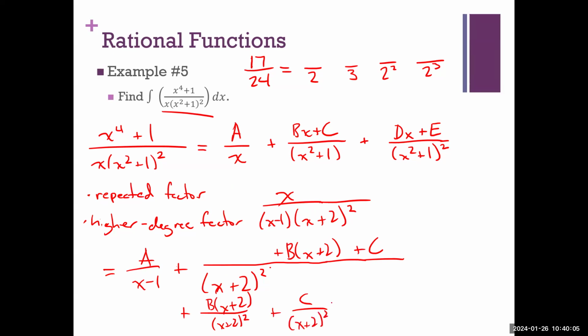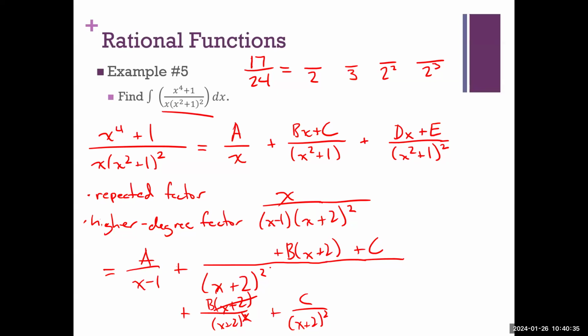Can I simplify that at all? So this one right here, a power of x plus 2 cancels. So yes, you can break it down that way, but you're going to end up in the same place. Because of that phenomenon, that's why we can basically leave off the higher orders in the numerator. They would have been canceled out.